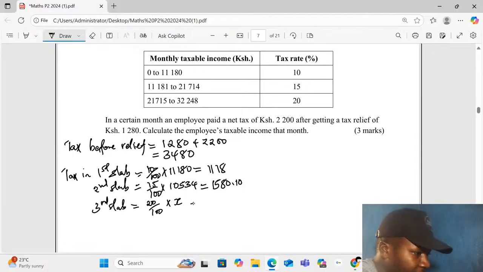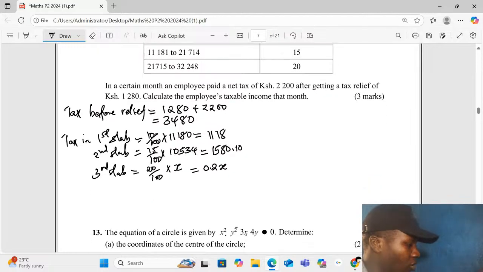So we shall have 0.2x. So this x is what we don't have. So when we are going to add now, this is the third one, the last one. We are going to add all of them.